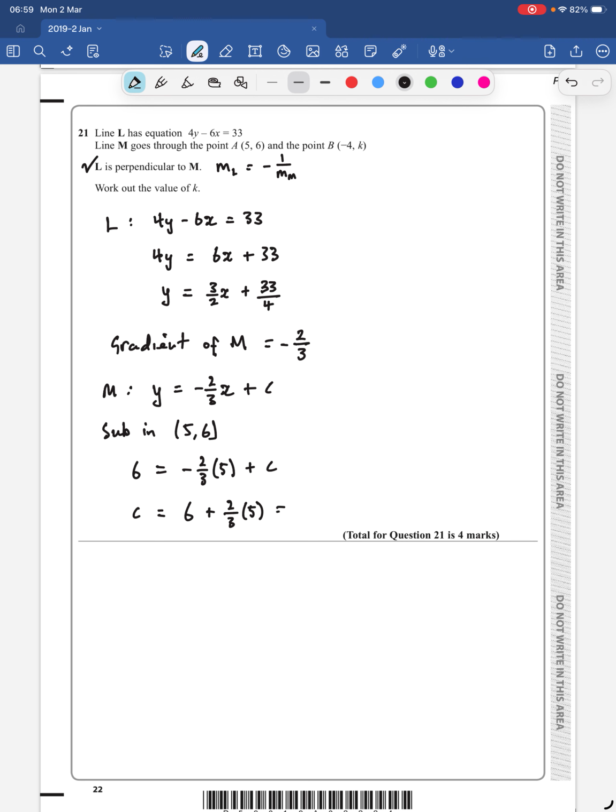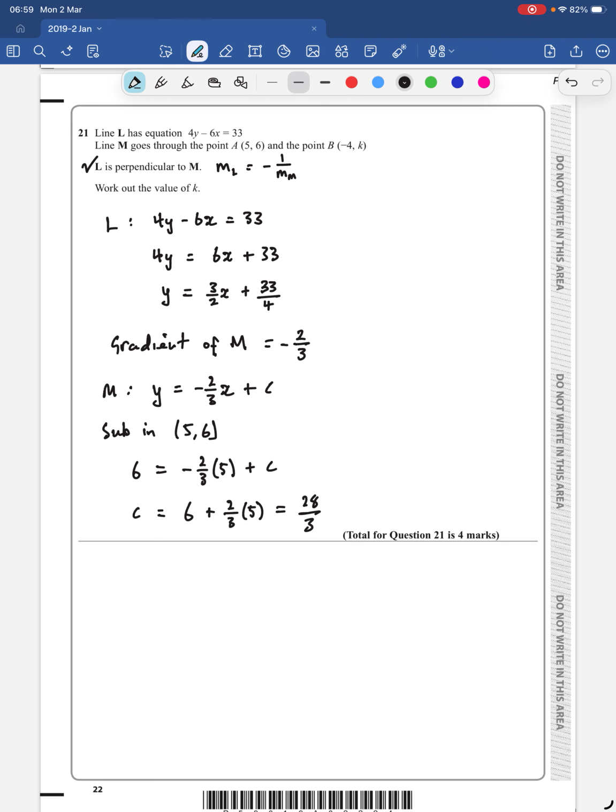I would suggest you do that in your calculator. I'm going to do it in my head and hopefully not make a mistake. 2/3 of 5, well, 1/3 of 5 is 5/3, so 2/3 of 5 is 10/3, and 6 as thirds is 6 times 3 over 3, which is 18/3, so 18/3 plus 10/3 is 28/3.